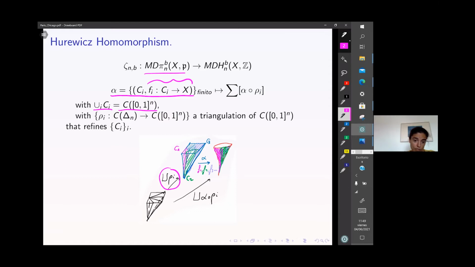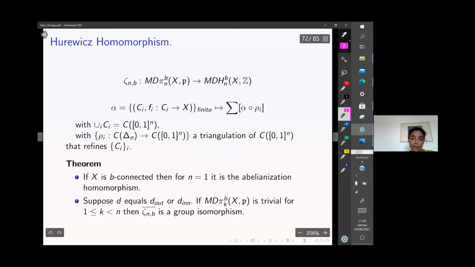We take a triangulation that refines the covering of the n-B loop, and we compose the triangulation with the n-B loop, and then we get a chain of simplices. Okay? So this is the Hurewicz homomorphism, and with this definition, we can prove that for n equals 1 it is the abelianization.